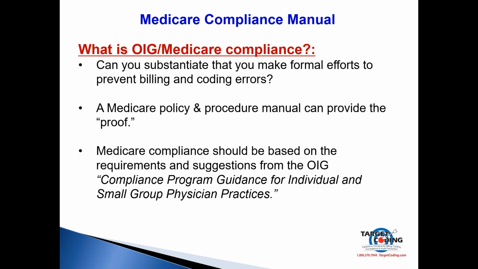As I mentioned, it's a good idea to have a general billing and coding policy and procedure manual, just in case you get questioned by an insurance company, or a staff member becomes disgruntled and accuses you and your practice of billing incorrectly. Well, if you have a policy and procedure manual, what's in writing, that's what counts.